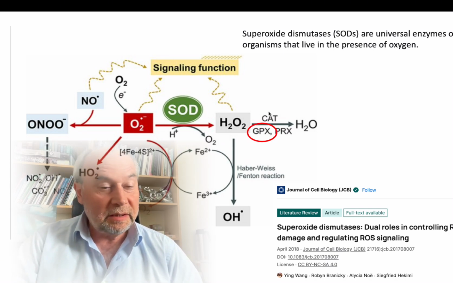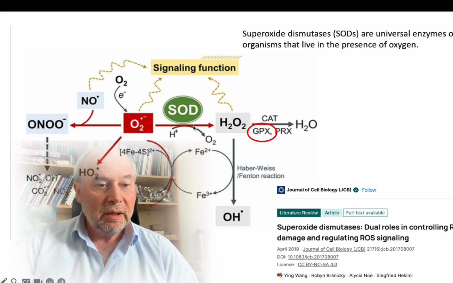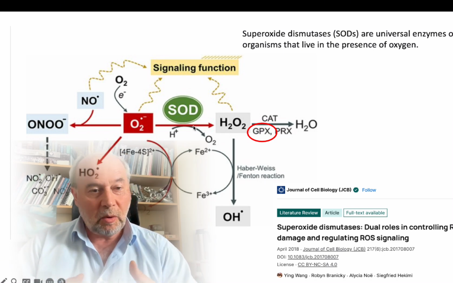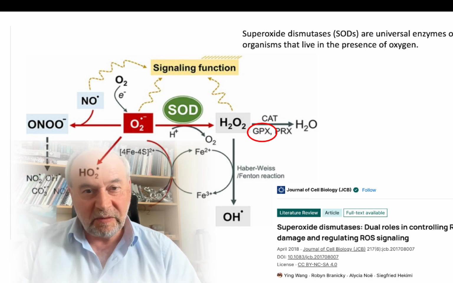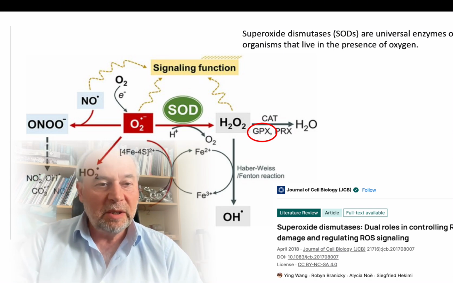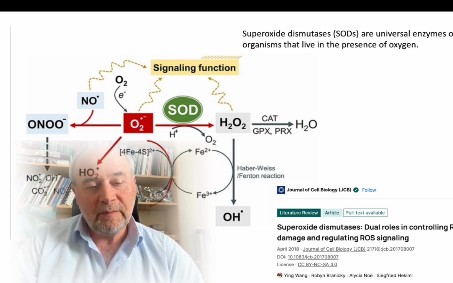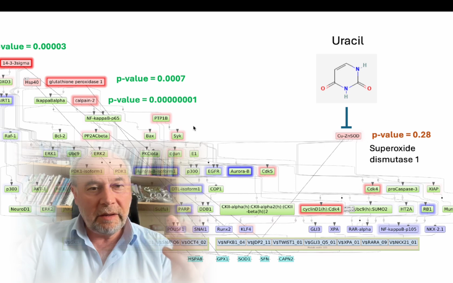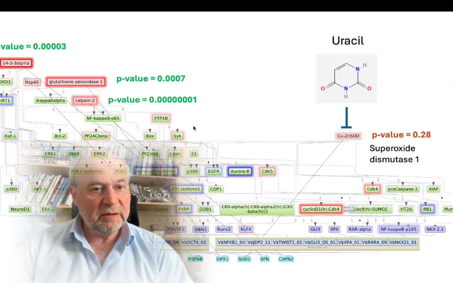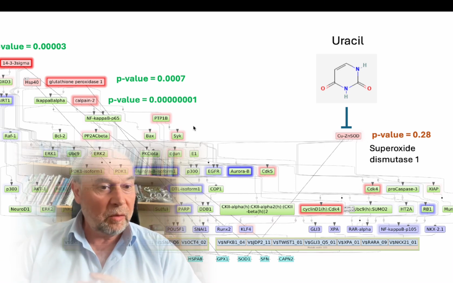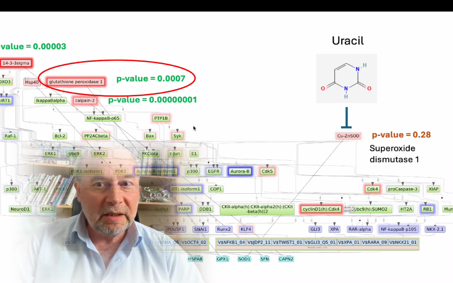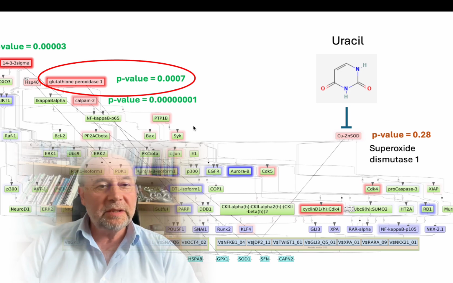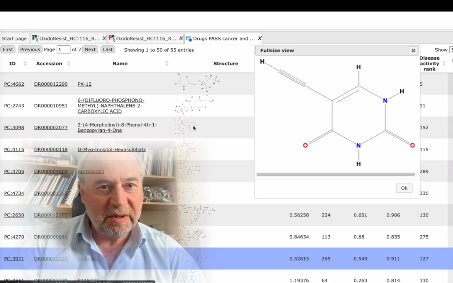And we can see that by inhibiting SOD1 with some compounds like Uracil, we can cut this metabolic chain, and we also can change this whole regulatory signaling, to reduce all kinds of feedback loops. All right, and as you can see here, we show this enzyme as well.